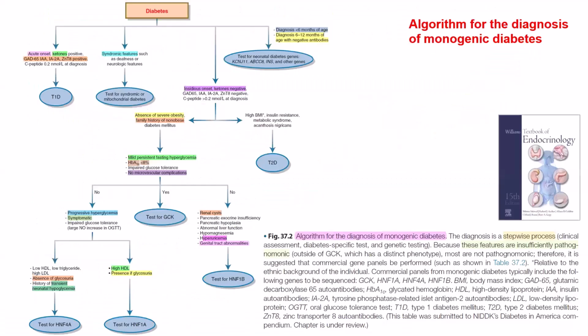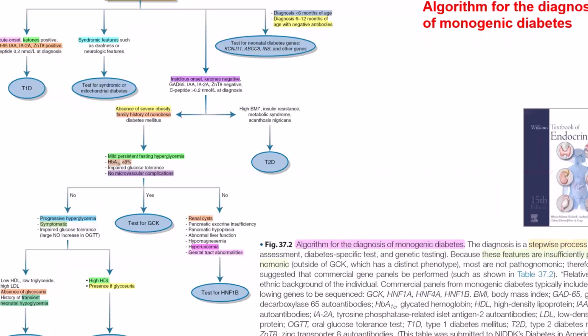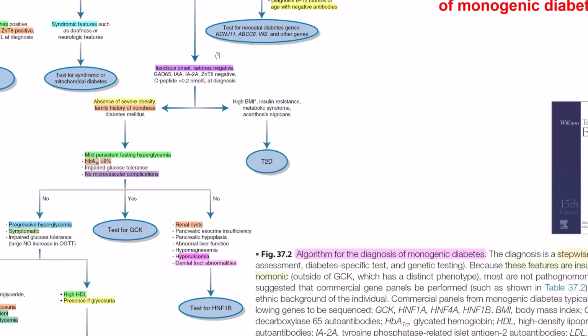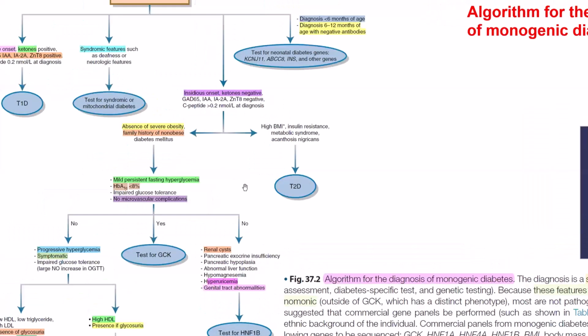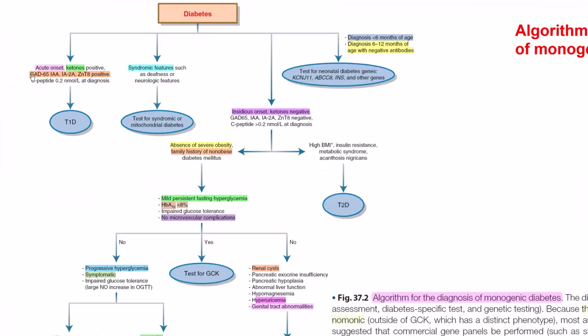This algorithm is from the latest edition of the Williams textbook. If we have diabetes mellitus with acute onset, ketones, positive GAD and other autoantibodies, this is type 1 diabetes mellitus.